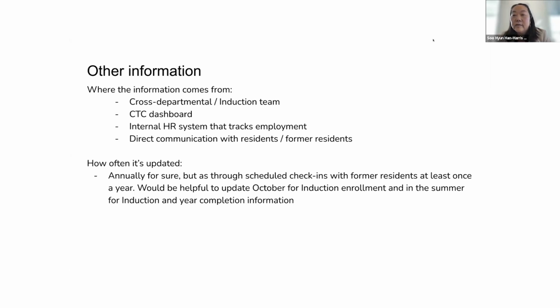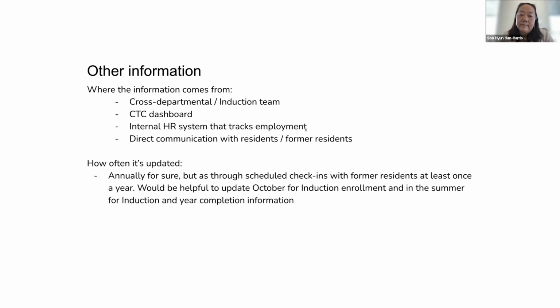Especially for those who haven't completed their requirements, I have a schedule set up so that I'm checking in with them. I'd like to check in with them at least once a year, ideally more than that. And in some cases, there are residents that I check in with fairly often because they're really struggling to meet those requirements. I think it's helpful for them to have more of a social emotional connection and support for completion.